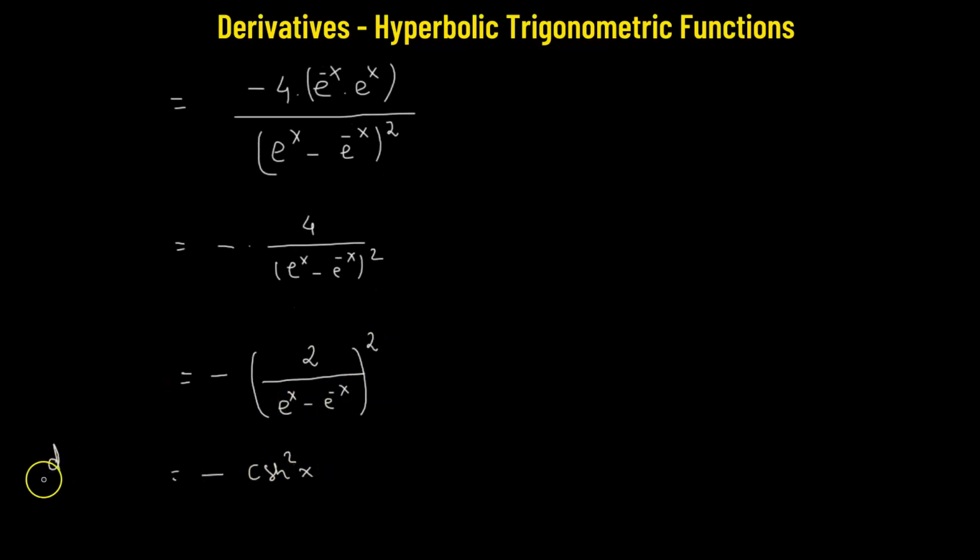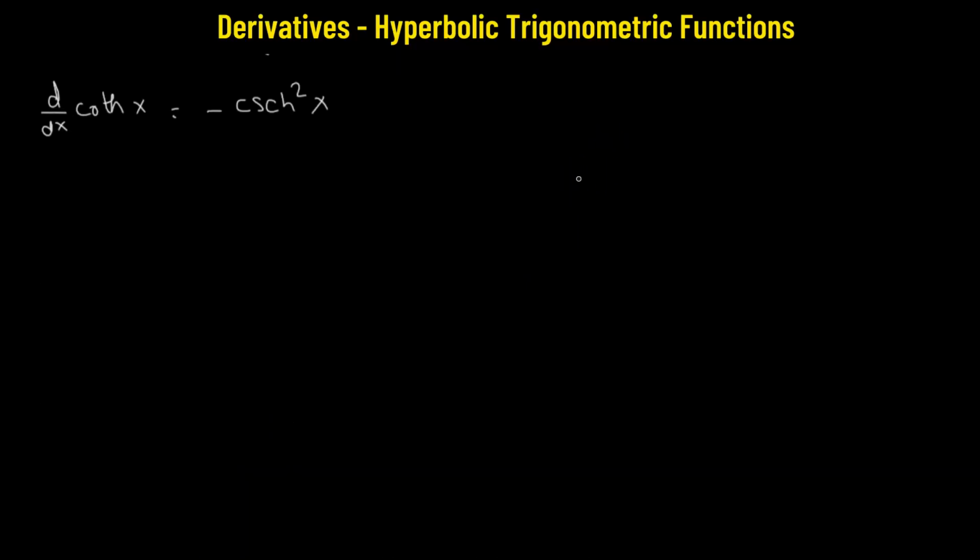So we see that the derivative of the hyperbolic cotangent function is equals to negative cosecant hyperbolic squared x. So that means there will indeed be a negative sign.